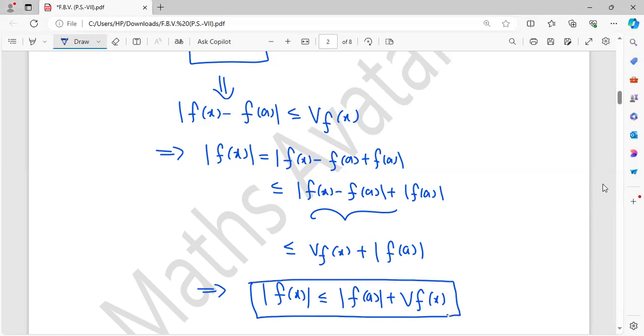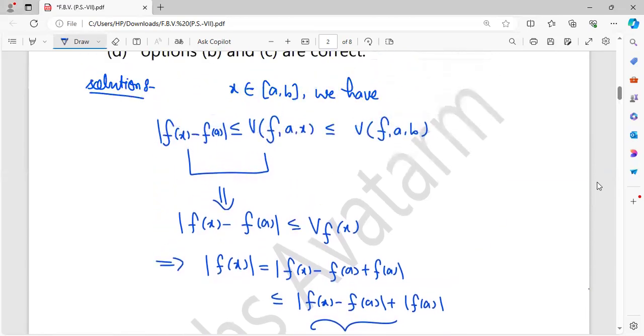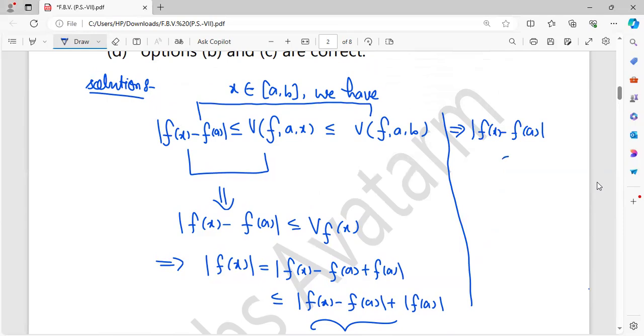Now we take these two, so what will we get here? This will imply |f(x) - f(a)| is less than Vf(a,b). Now again I will add and subtract.